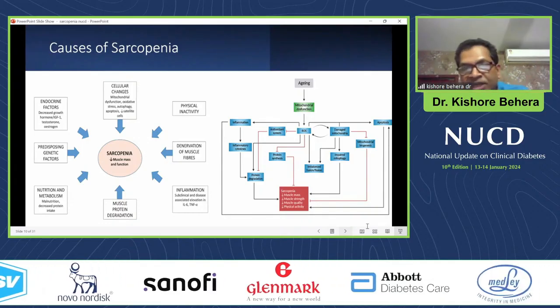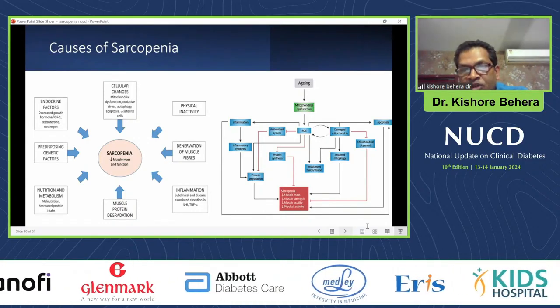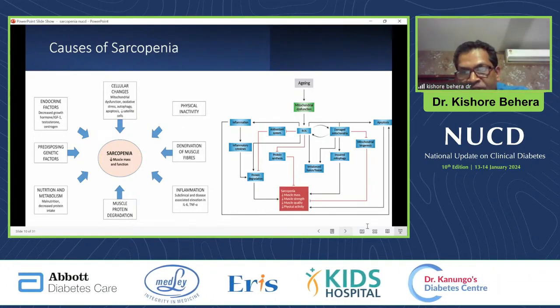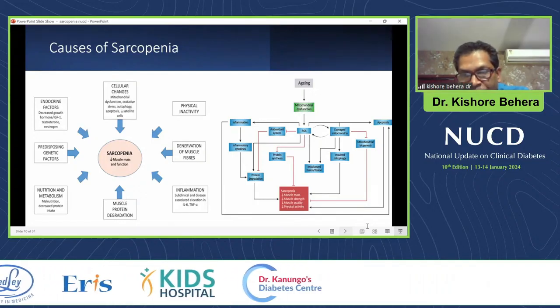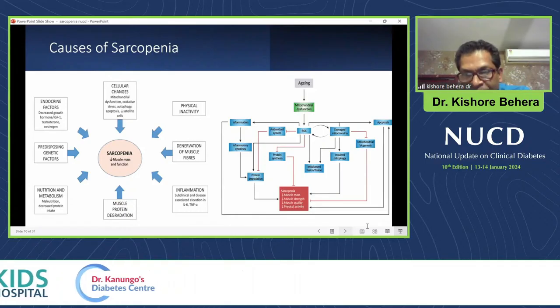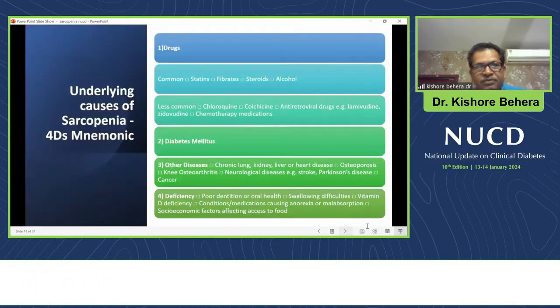And the more important key pathogenesis is mitochondrial dysfunction and production of ROS, which leads to decreased protein synthesis, imbalance, and increased protein degradation, and all leads to decreased muscle mass, decreased muscle strength, quality, and physical activity, and we diagnose them as sarcopenia.